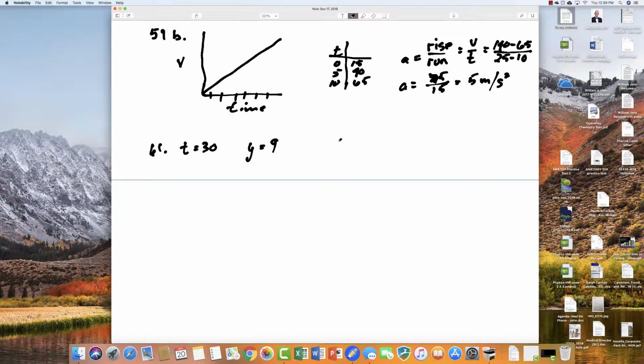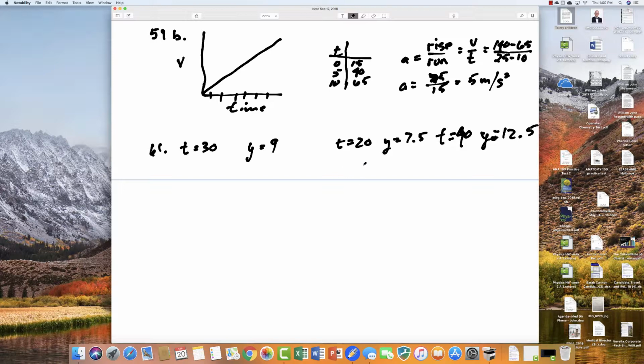At 20, y looks like it's about 7.5, and at t equal to 40, let me do a better job here, y to me looks like approximately 12.5.